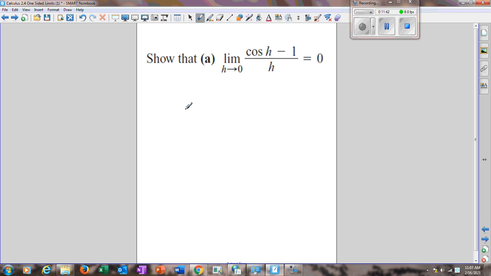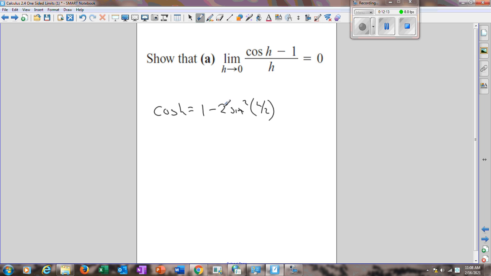And in that half angle identity, it says the cosine of h is equal to 1 minus 2 sine squared of h over 2.